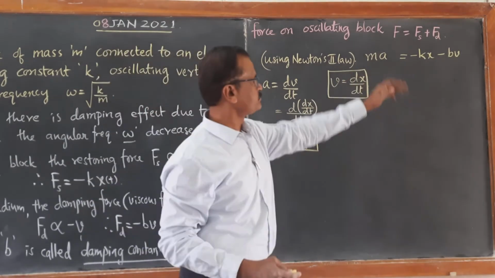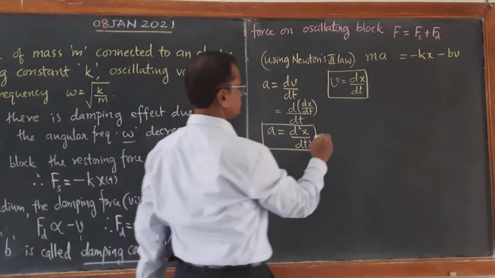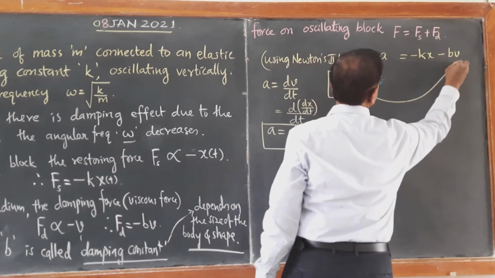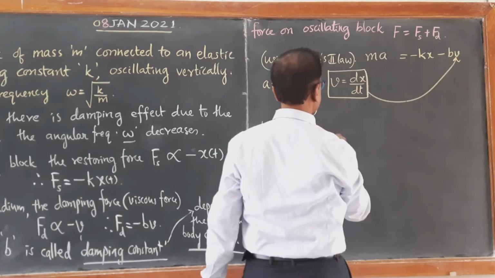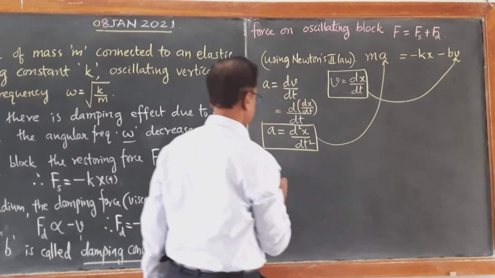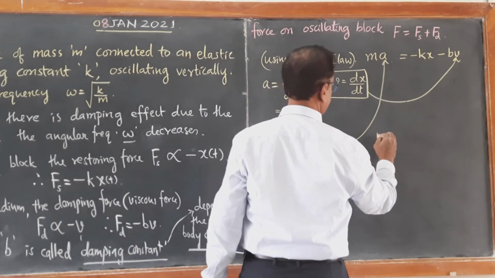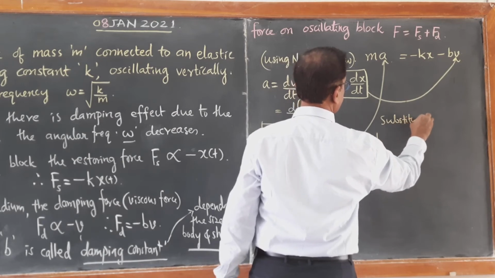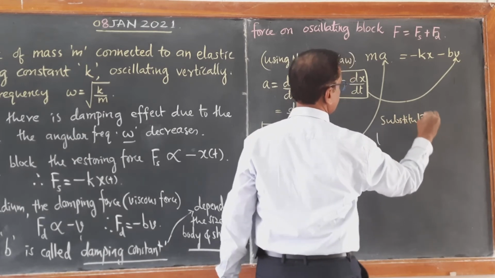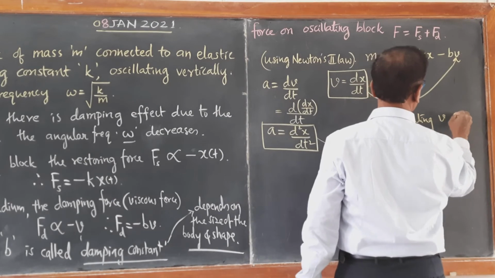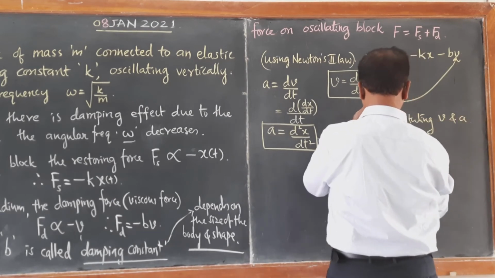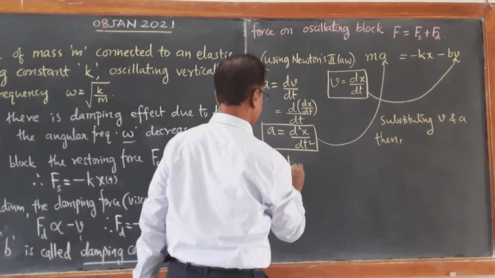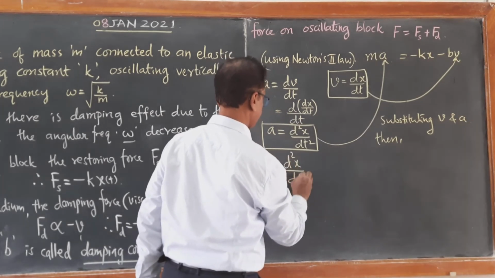So substituting these values in the above equation, we get m into d square x by dt square.